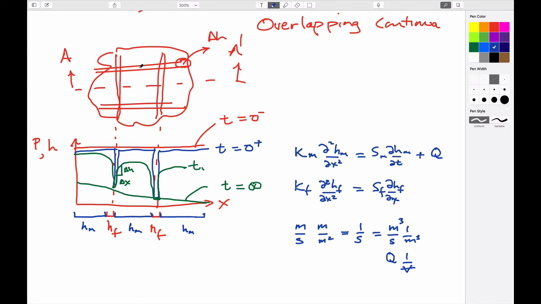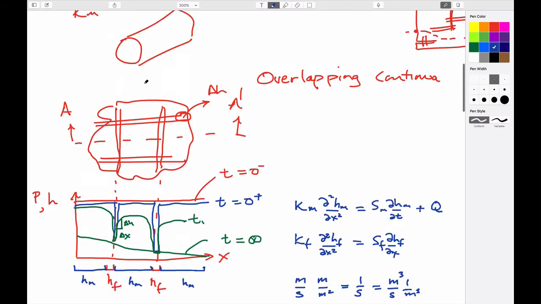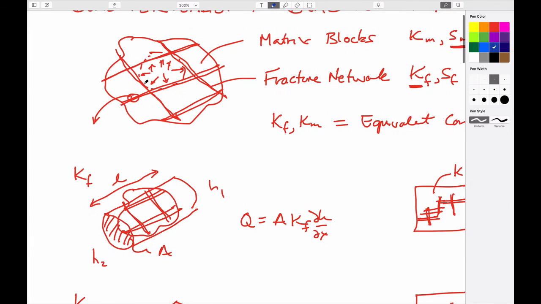And so if we wanted to make them talk to each other, physically we've made this point that if we draw down the fluid heads or pressures within the fracture, it's going to flow out of the matrix into the fracture. Then there has to be a mass balance: whatever goes out of the matrix has to be the same volumetric flow rate that goes into the fracture.